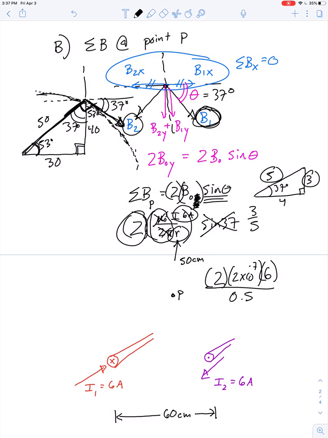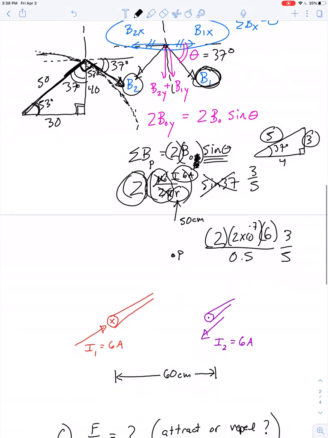And then we need to multiply all of this times 3/5. So if you grab a calculator and work that out, you should get 28.8 times 10 to the negative 7th Tesla.